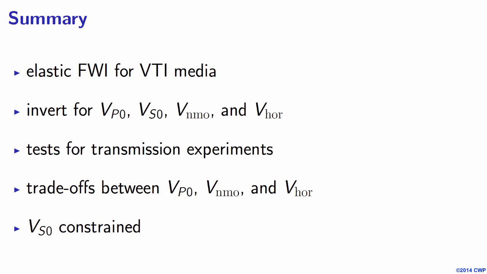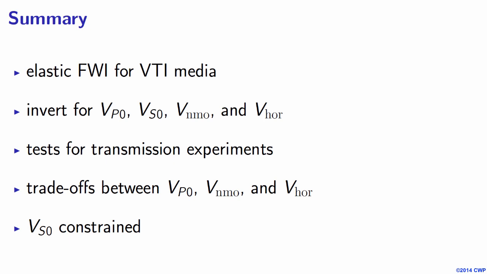So the work we are intending to do is to perform elastic FWI for VTI media. We start off with transmission data, just for simple transmission experiments, and we invert for the 4 model parameters, which are the vertical P and S wave velocities, and the NMO and horizontal velocities.